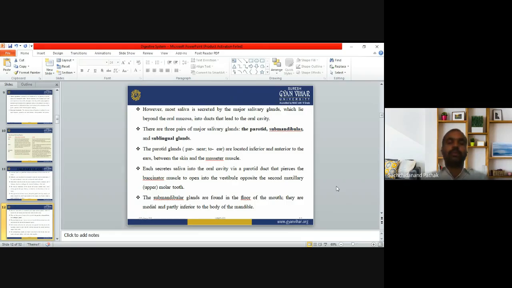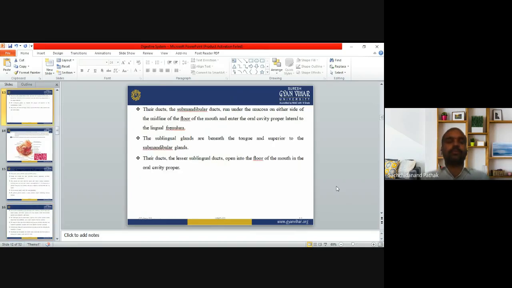Okay, so it is found in the floor of the mouth, and they are medial and partially inferior to the body of the mandible. Their ducts, the submandibular ducts, run under the mucosa on either side of the midline of the floor of the mouth and enter the oral cavity proper, lateral to the lingual frenulum.